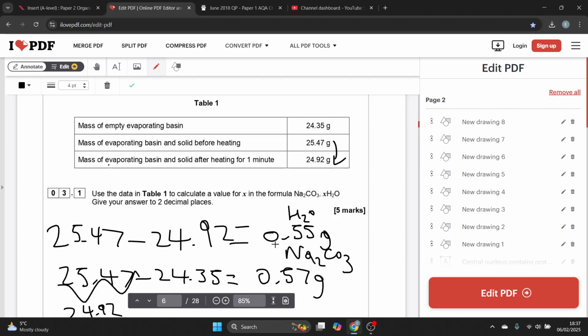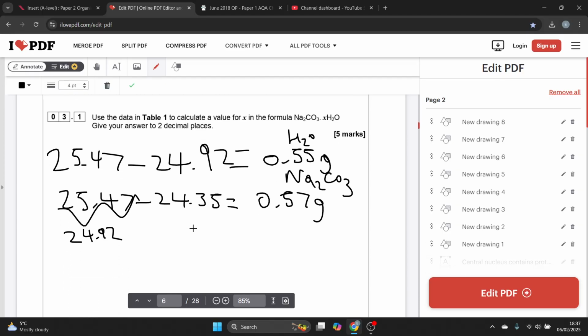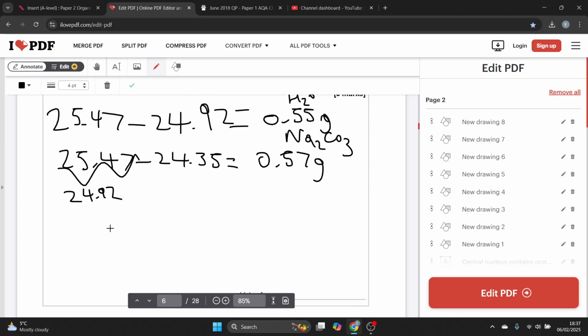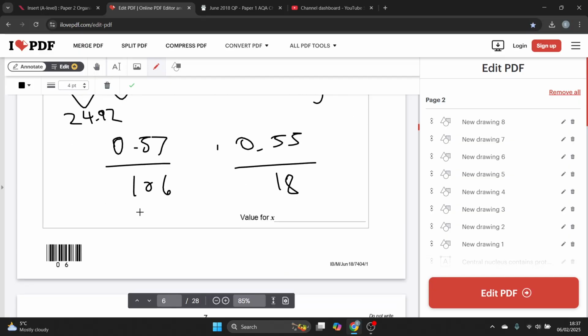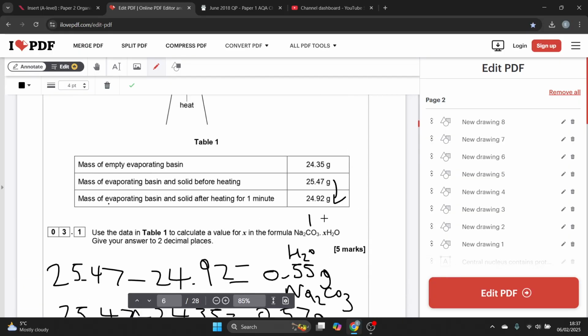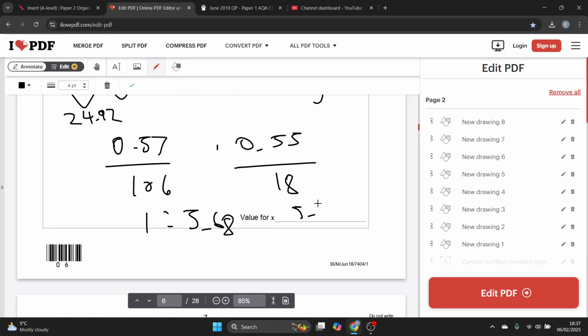Then I work out the moles. So the moles of Na2CO3 is 0.57 over the Mr, which is 106, and moles of H2O is 0.55 over 18. Then I've got the moles. Then I divide by the smallest number of moles and get 1 to 5.68. That tells me that's 1, therefore I've got 5.68, therefore X is 5.68.